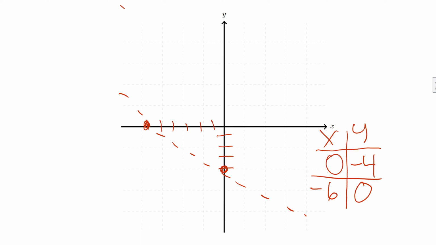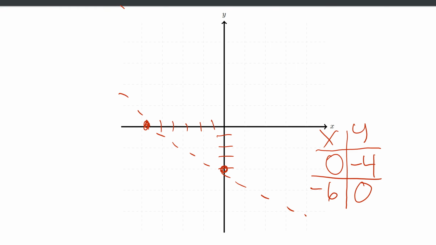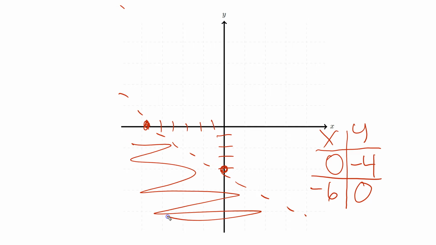Here we go. We said when a positive y is less, we shade underneath. So we have region A and region B. We would shade region B.